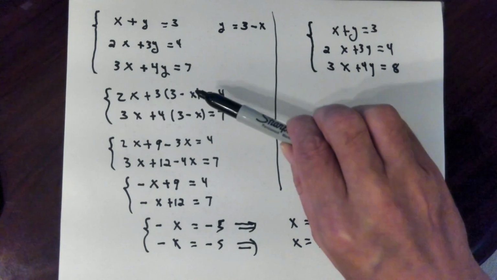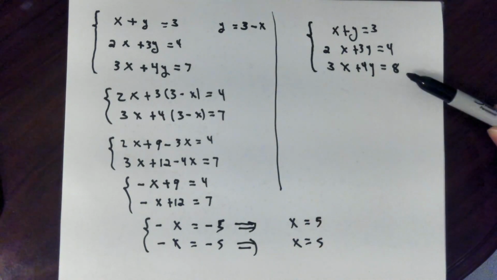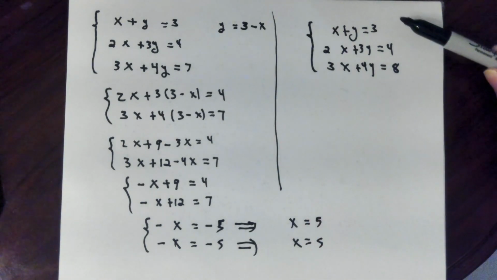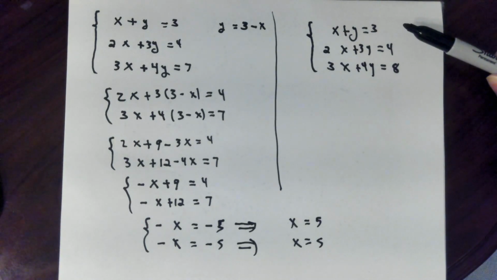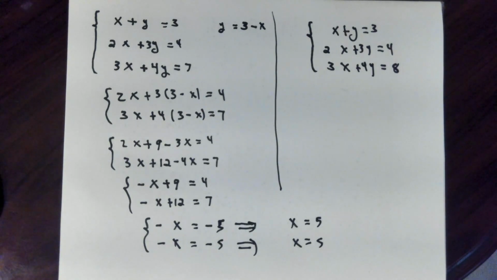So if I change this 7 to an 8, if these first two equations are true, the third one is automatically untrue. I can already tell you just by looking at this, there's not going to be any solutions at all. Maybe we should do the calculations and see that.